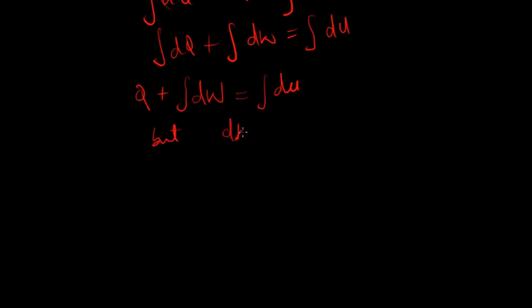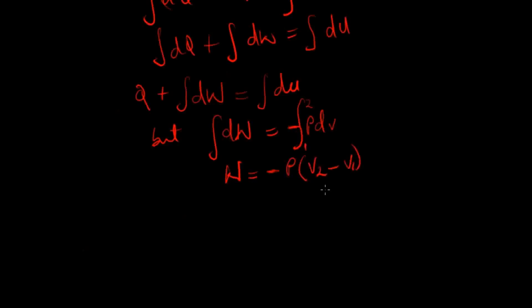But dW is equal to minus P dV. So integrating this and also integrating this from limits 1 to 2, we have that W is equal to, remember our minus sign, minus P times (V2 minus V1), which will give us the work done is equal to P(V1 minus V2).